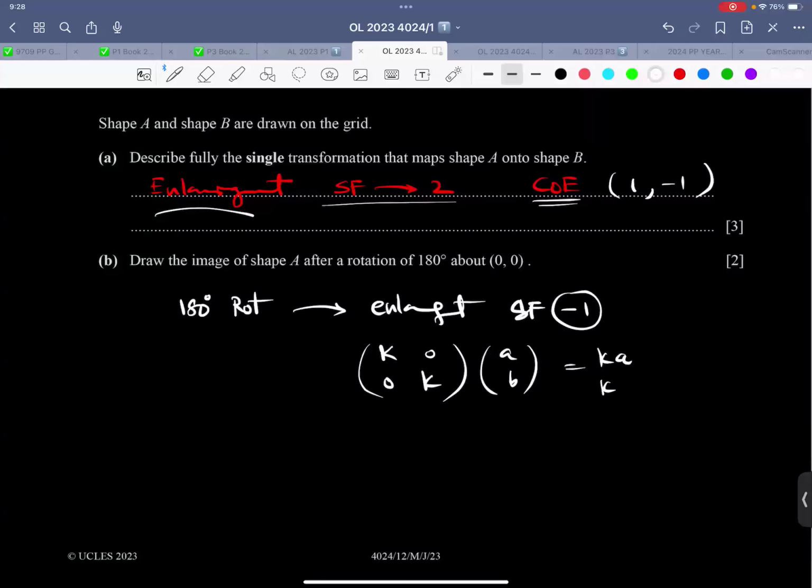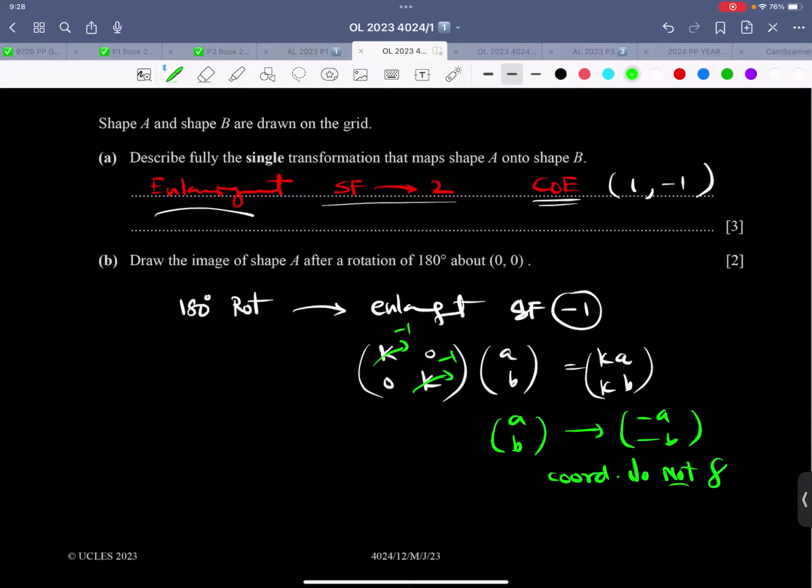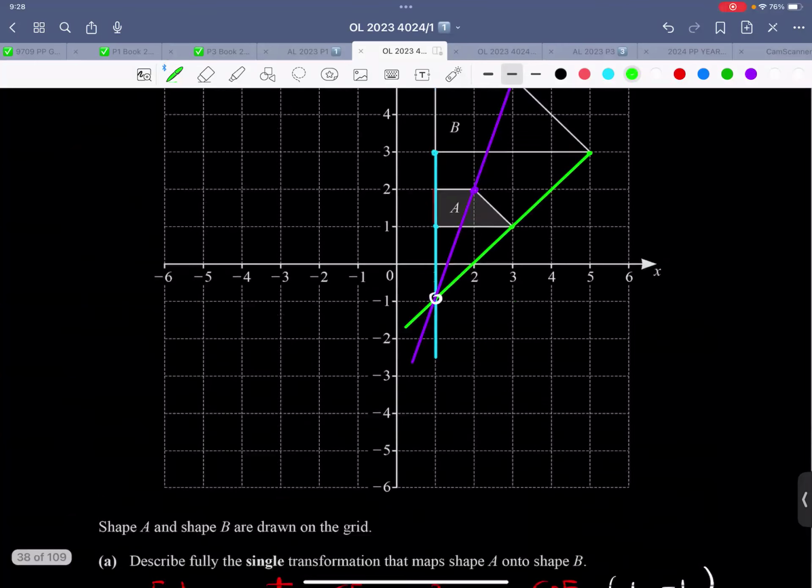That is Ka, Kb. If the scale factor is -1, this is -1. So (a, b) will become (-a, -b). Coordinates do not flip. They only change sign. So you don't actually have to draw it. You have to work it out.